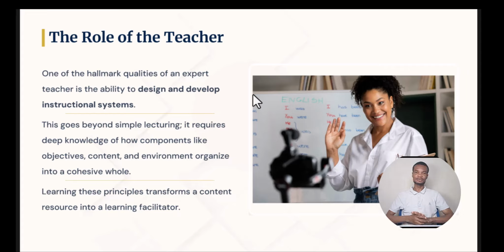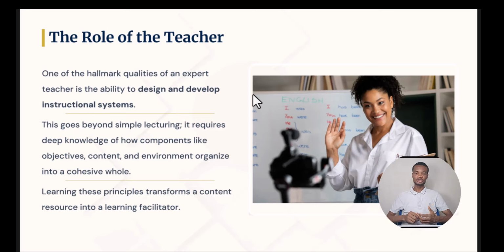First, I'm going to talk to you about the role of the teacher in the classroom and/or in an instructional system. One of the hallmark qualities of an expert teacher is the ability to design and develop an instructional system.